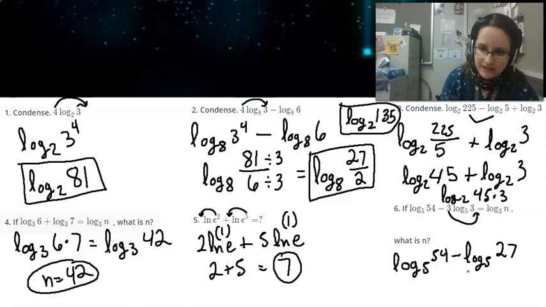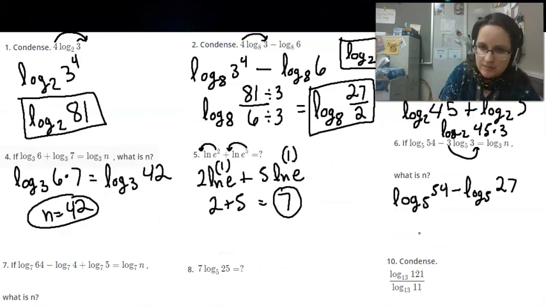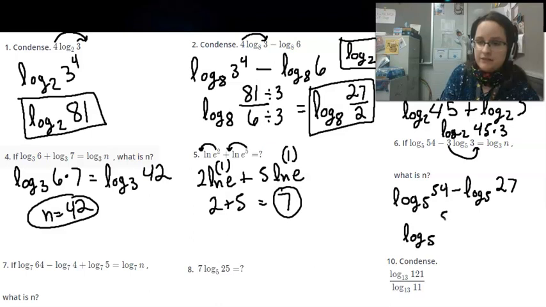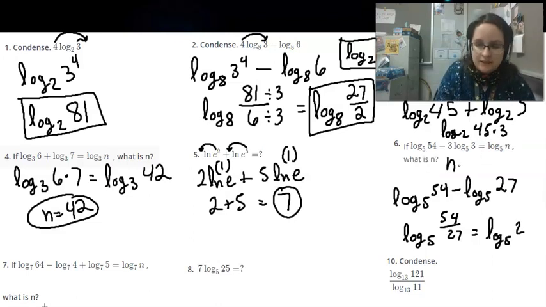And then we have two logarithms that are subtracted. They have the same base, so we can go ahead and use that property. So then we have log 5 of 54 divided by 27. That's the same thing as log 5 of 2. So n would equal 2.